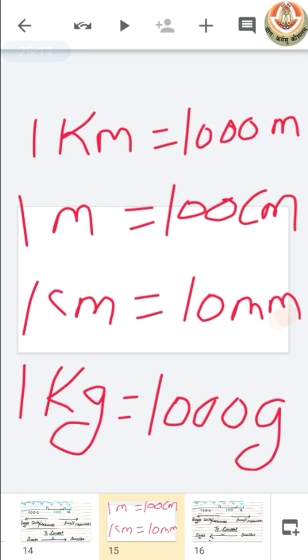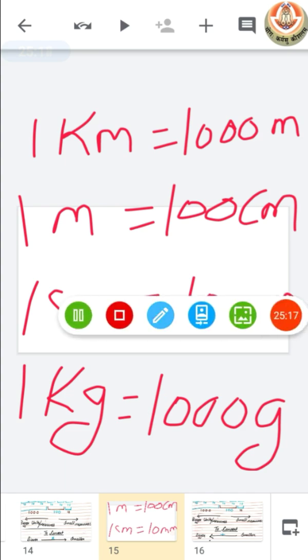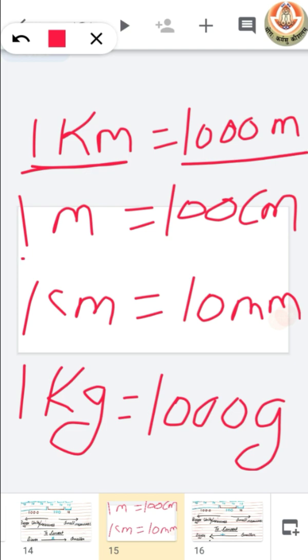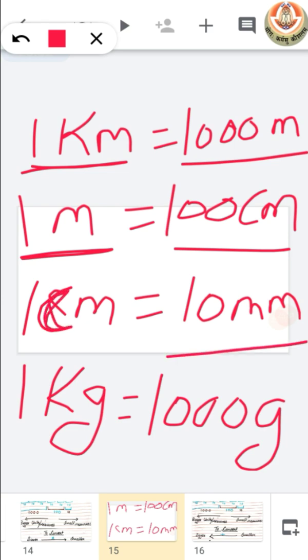Okay, now the very important and basic conversions are how many meters are in 1 kilometer. So we can see here 1 kilometer has 1000 meters, 1 meter is equal to 100 centimeters, and 1 centimeter is equal to 10 millimeters.